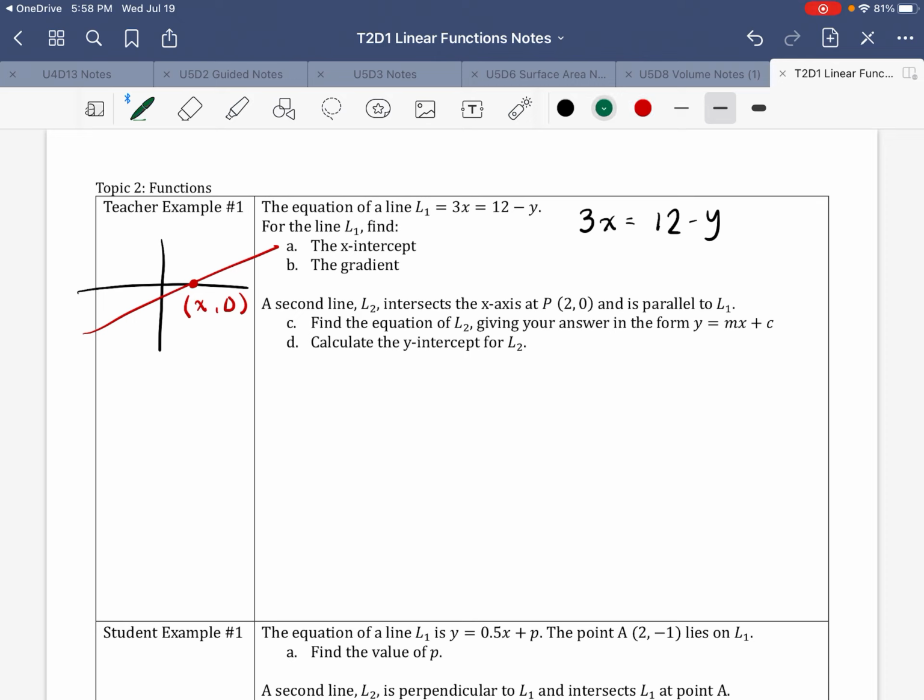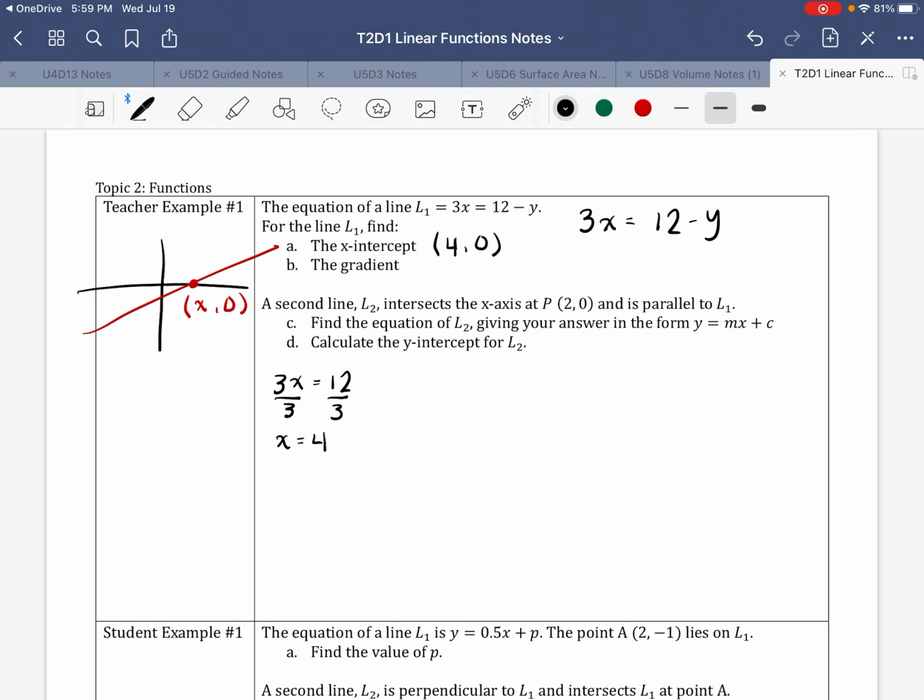So if we plug in a 0 into our equation here, we get 3x is equal to 12 minus 0, and that goes away. Solving for x, divide by 3 on both sides, x equals 4. That means the x-intercept has an x value of 4 and a y value of 0. Unless explicitly instructed otherwise, your x-intercepts and y-intercepts should be written as coordinate points.